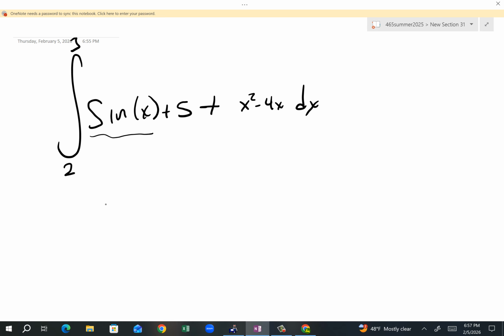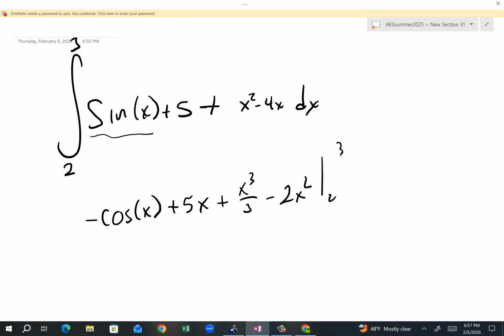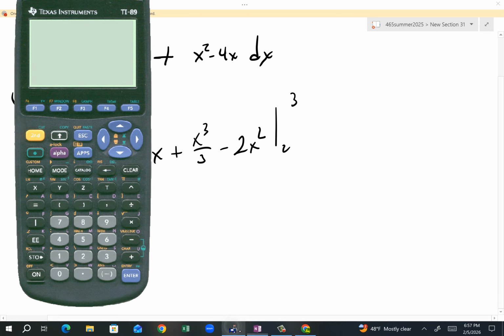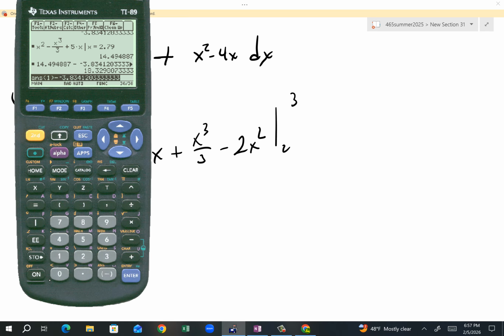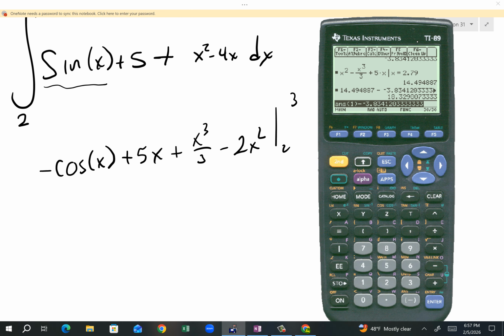The antiderivative of sine is negative cosine, plus 5x plus x cubed over 3 minus 2x squared, from 2 to 3. By the way, make sure that you're in radians anytime you're doing derivatives or integrals. Every time.